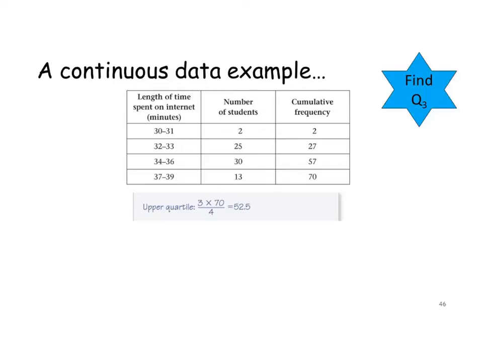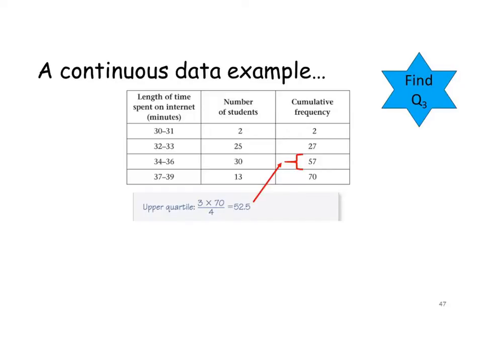Next, we need to find Q3. Exactly the same process, except this time we are doing 3 times n divided by 4 to find the position. And we see that it is 52.5, but where is that in my cumulative frequency?